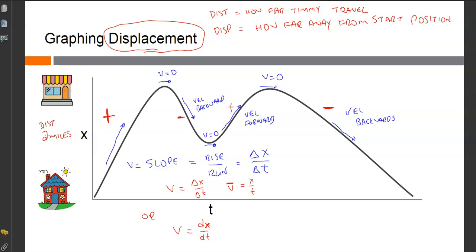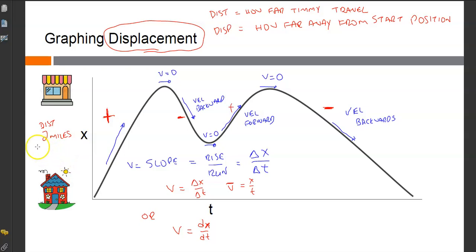In that case, they are the same number. But what if he rides from his house to the store and back to his house? In that case, I'd have 2 miles going this way, and then backwards 2 miles, and I could really call that plus 2 minus 2. The displacement would be 0 in that case.